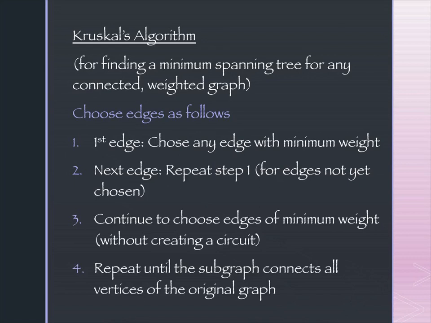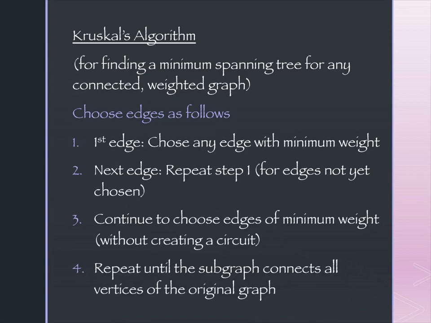Several of them have a 5 as their minimum weight. After you choose that first edge with minimum weight, you choose the next edge with minimum weight from the edges not yet chosen. You continue to choose edges of minimum weight from those not chosen without creating a circuit, and you repeat this until we connect all the vertices.